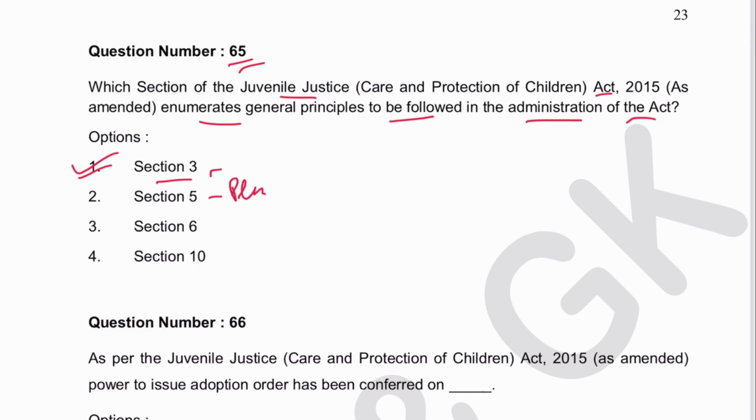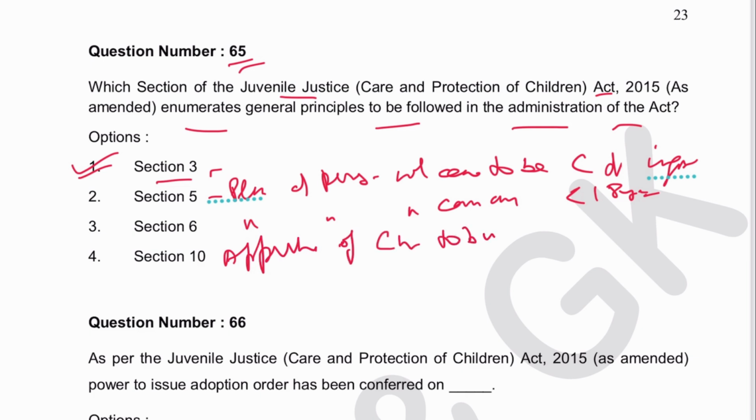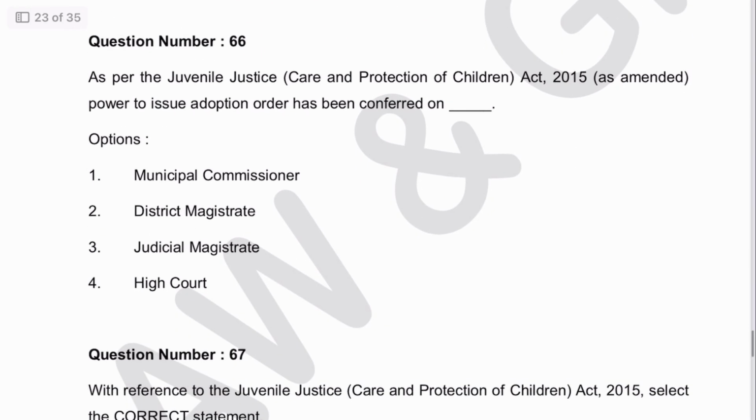Section 5 is placement of person who ceases to be a child during inquiry. 6 is placement of a person who committed an offense below 18 years of age. 10 is apprehension of child alleged to be in conflict with law.